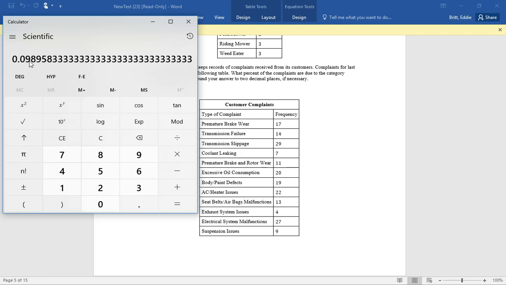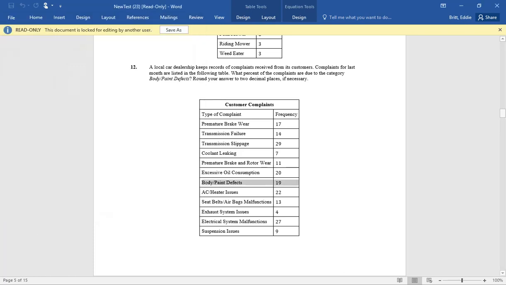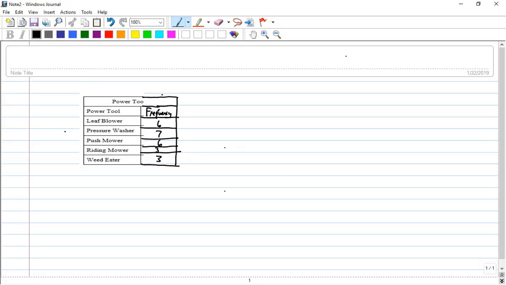If I change that to a percentage, it would be 9.8958. It says to round to 2 places, so that would round up to 9.90%. So that's your answer.